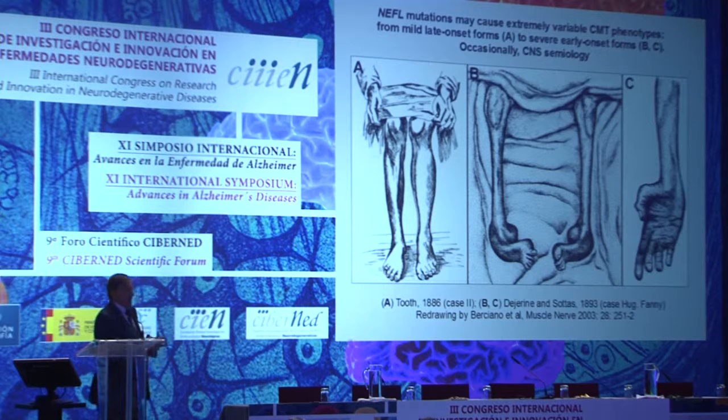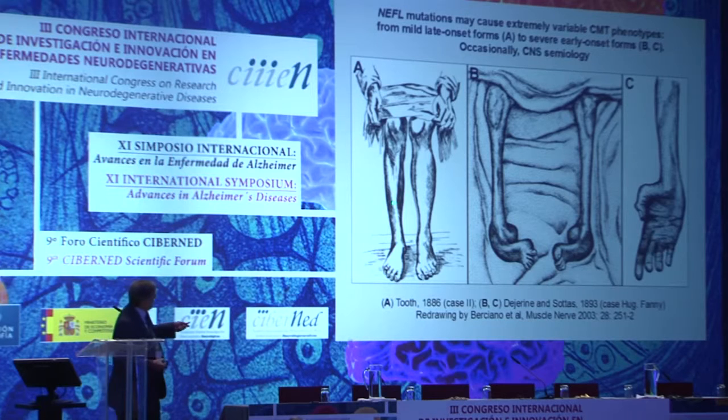NEFL mutation may cause extremely variable semiology, ranging from mild late onset forms to early onset and severe phenotypes. And this is not new, because this was the fact in the original description. See here the second case described by Tooth, showing asymmetric and moderate peroneal muscular atrophy.